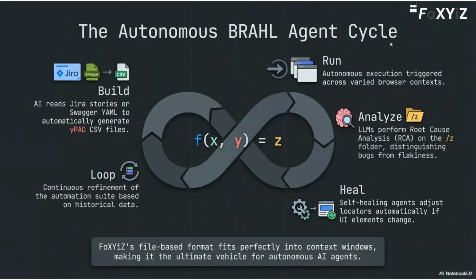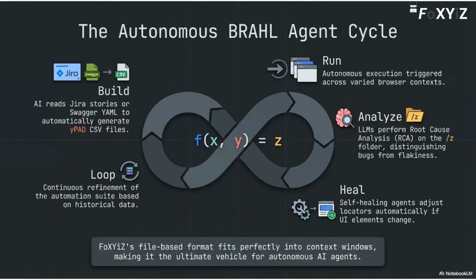The autonomous BRAHL agent. I say BRAHL because it's a cycle where we build, run, analyze, heal, and loop. Build is basically, I have too many sources of truth. They can be in Jira, they can be in Swagger, they can be in wikis or just Word or Excel sheets or just text documents.